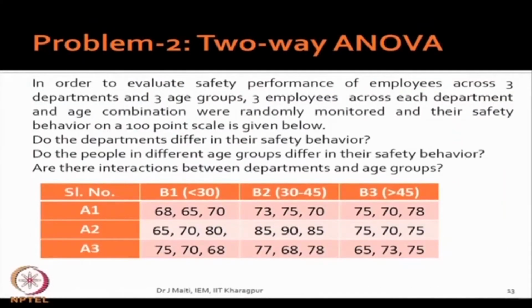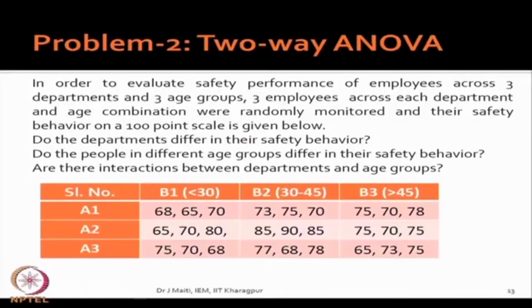Problem 2, 2-way ANOVA. I think last class we discussed MANOVA, but before MANOVA I gave you some idea that when two factors are governing the behavior of the system, they may be independent factors or dependent factors.